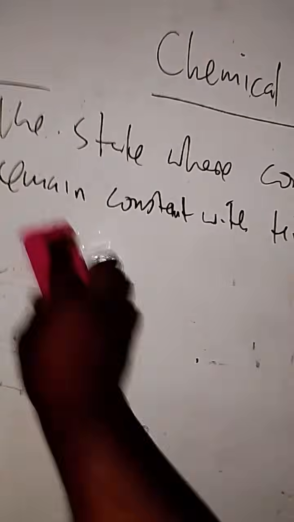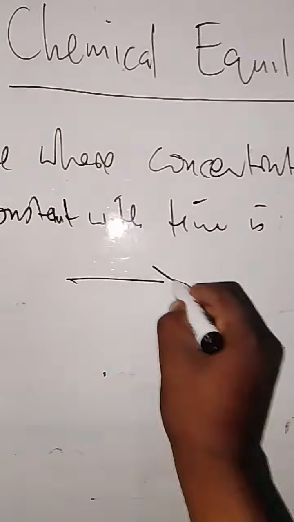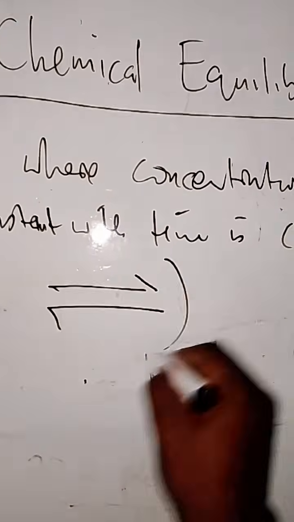But in a chemical reaction, for a reaction which is at equilibrium, we use a double arrow.